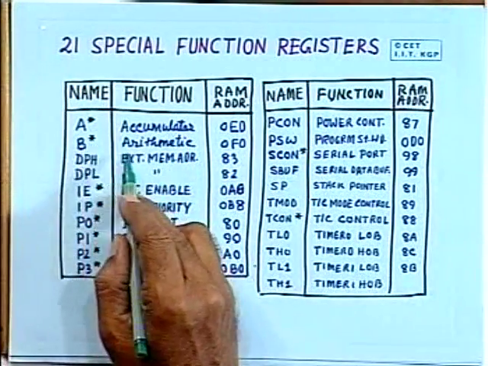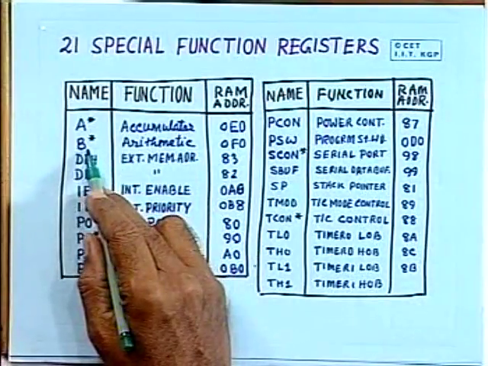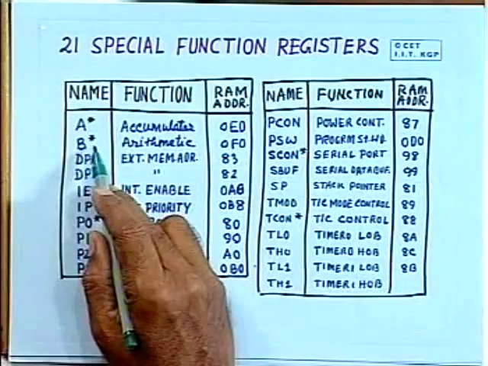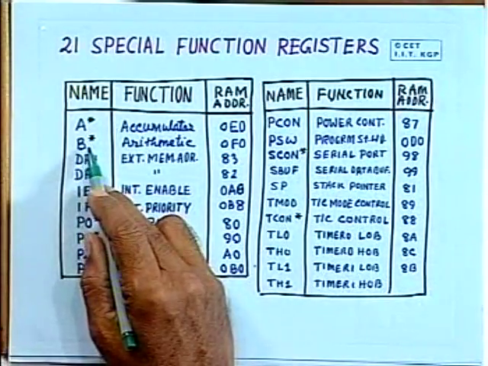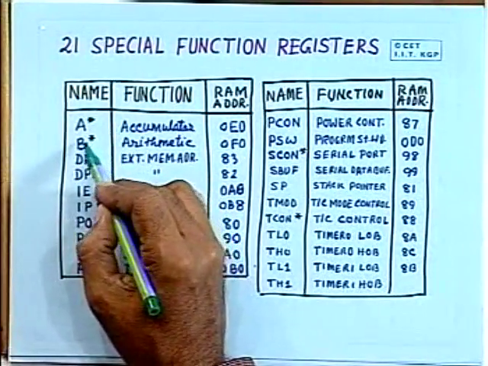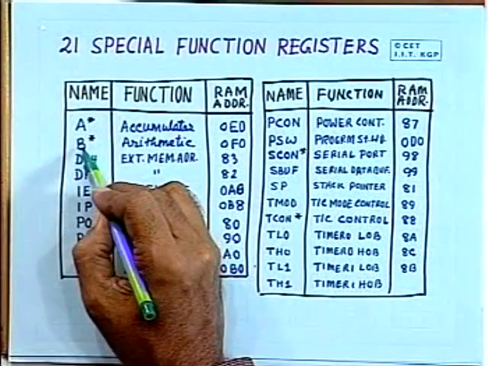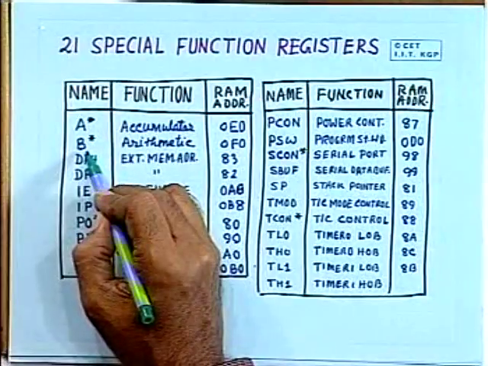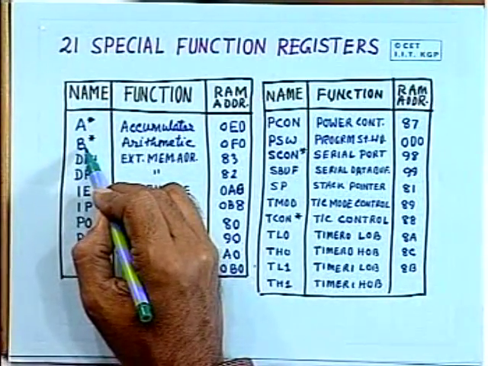B is also a register, but this is commonly used for multiply and divide. Whenever you are multiplying, part of the result is stored in register B, and whenever you are executing the divide instruction, then also this register is used.